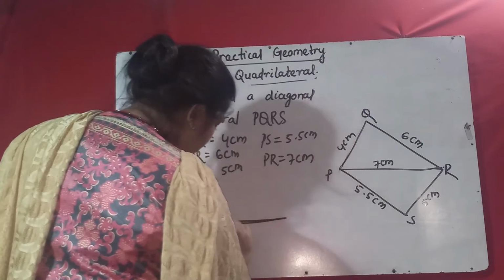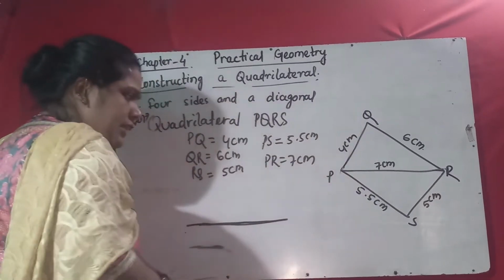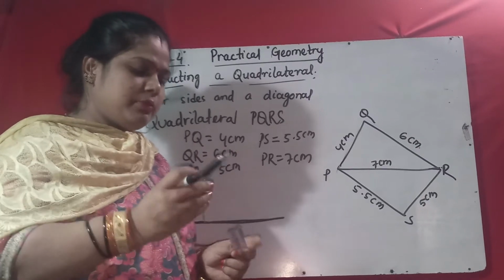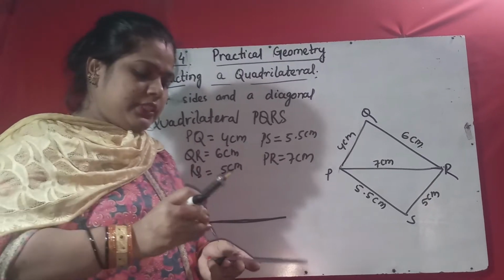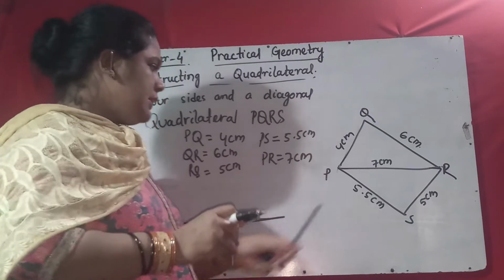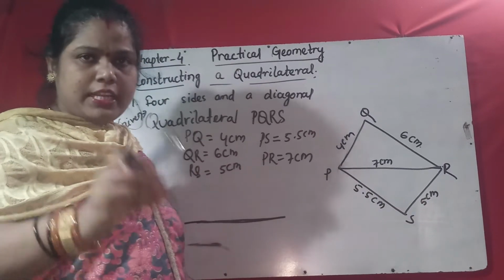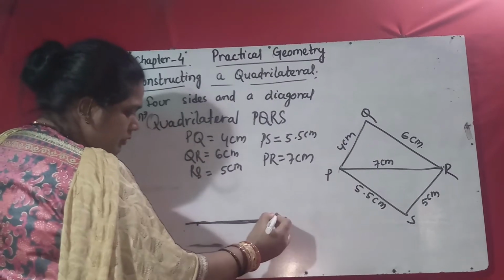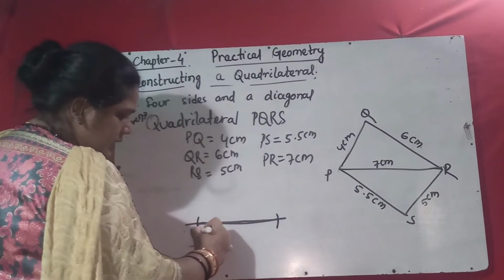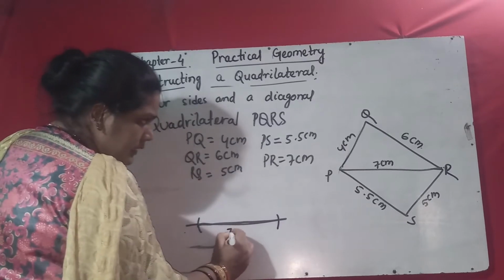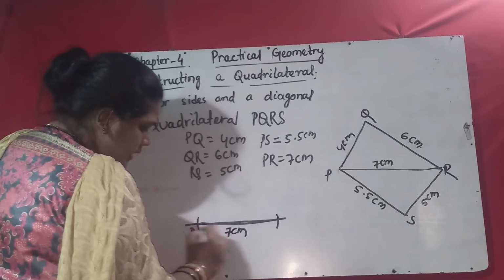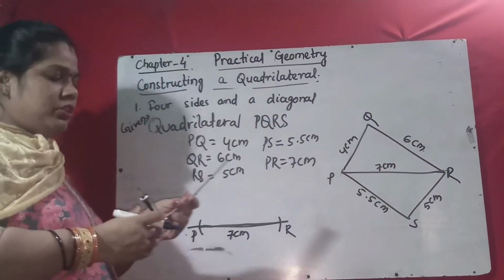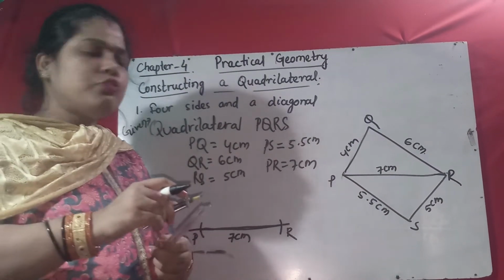You just take a line, then with a rounder, putting the point, you take the distance of 7 cm, the length of 7 cm. Then you put a mark here, 7 cm. You put the name PR. PR is 7 cm.